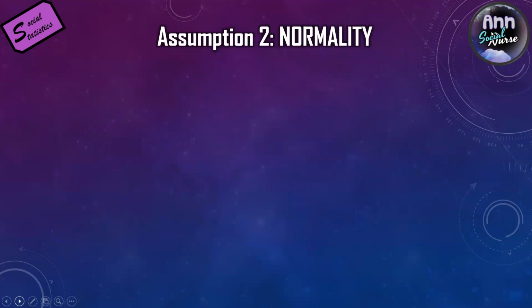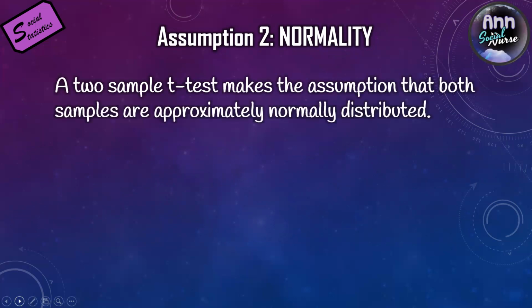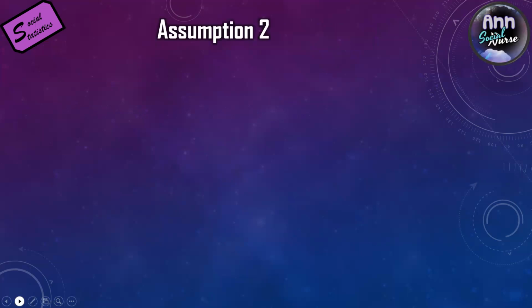that. Now, as to the assumption 2 on normality, a two-sample t-test makes the assumption that both samples are approximately normally distributed. This is a crucial assumption because if the same samples are not normally distributed, then it isn't valid to use the p-values from the test to draw conclusions about the differences between the samples.